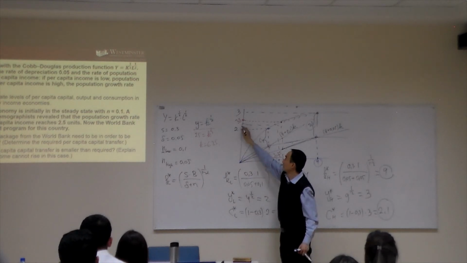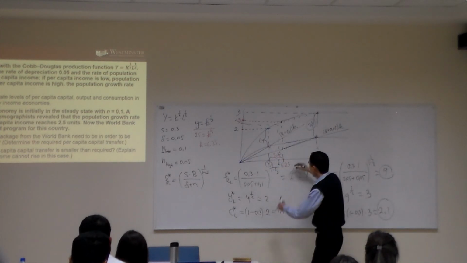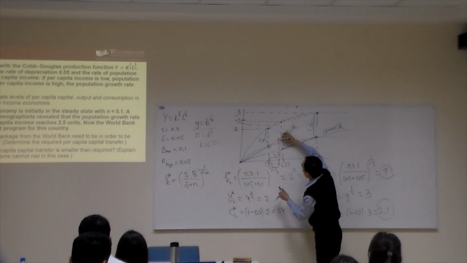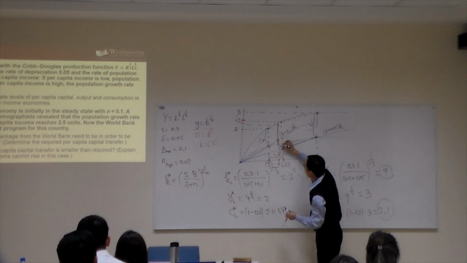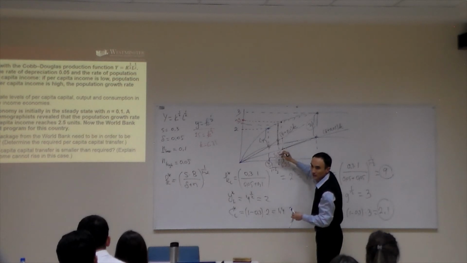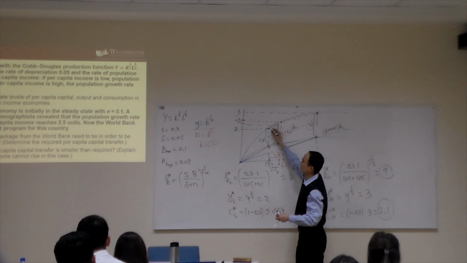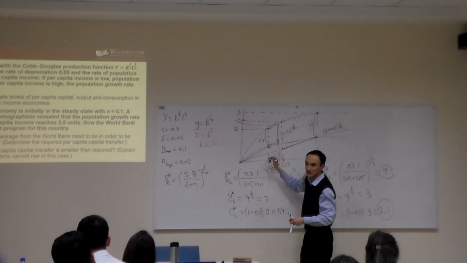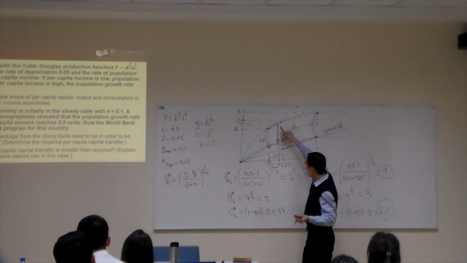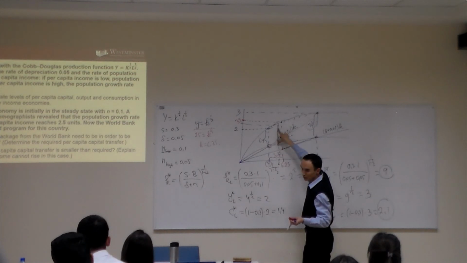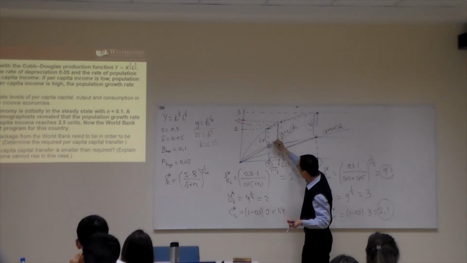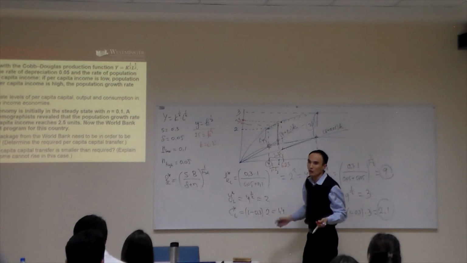So now, if it's less than 2.5, at this point, people will be consuming more, but depreciation is greater than investment, right? Which means that the economy will go back again to its initial steady-state level. They will temporarily be consuming more, but end up again at that old position.